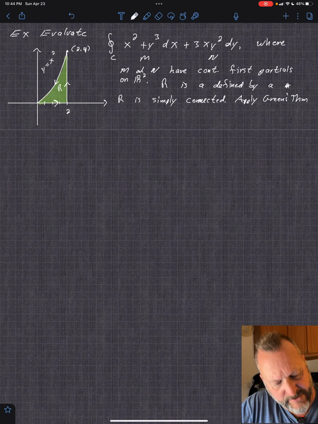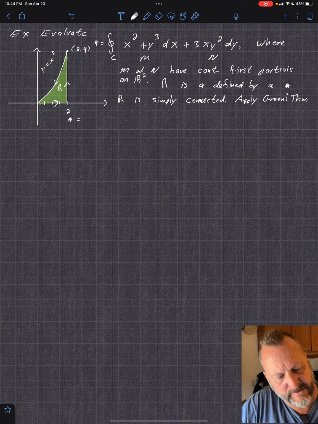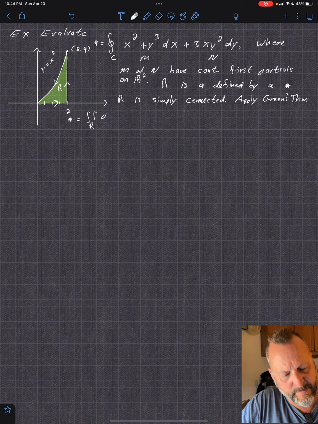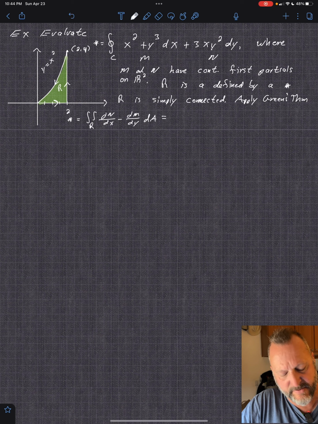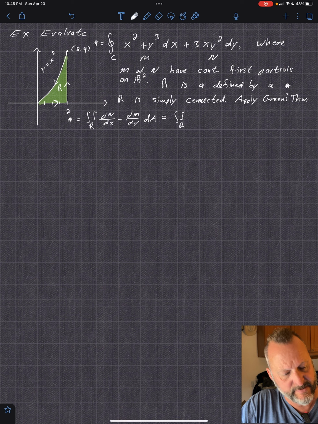All right, so then you have this is equal to the double integral over R, partial N with respect to x minus partial M with respect to y, dA. Well, when you do that, what do you get?